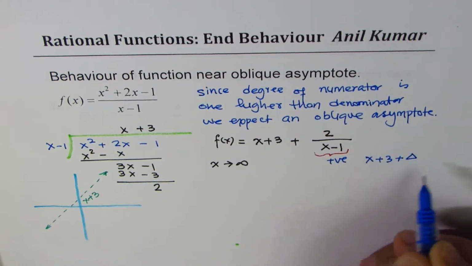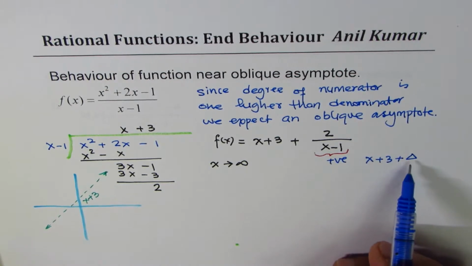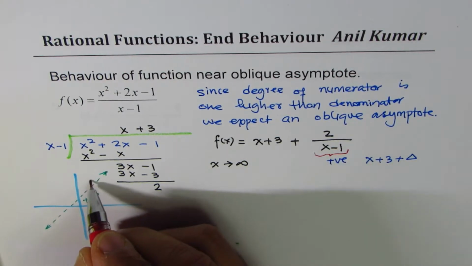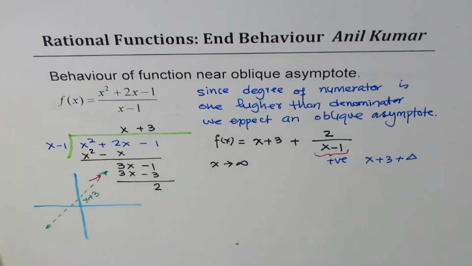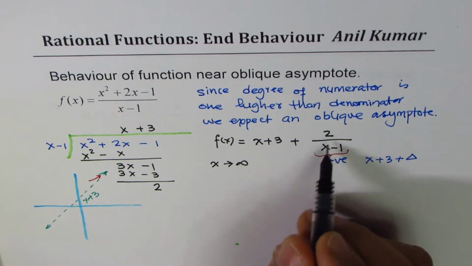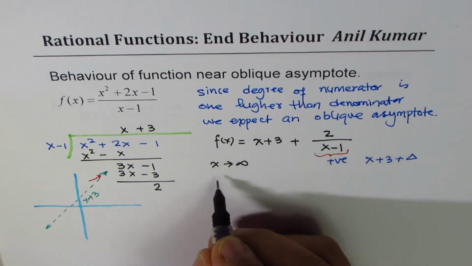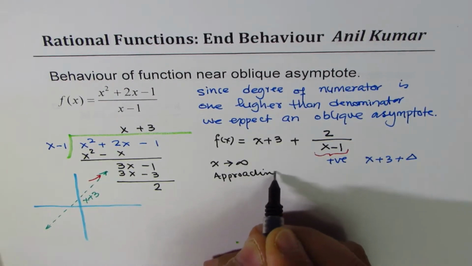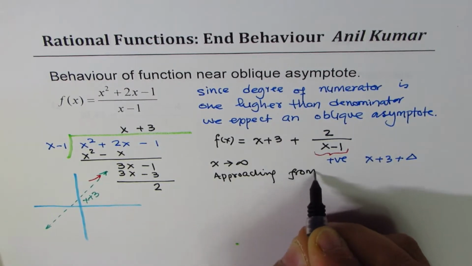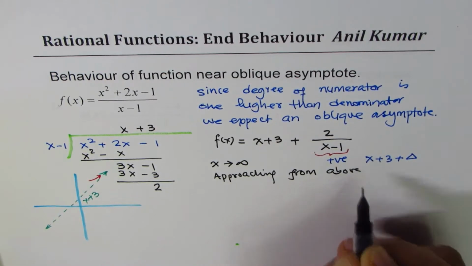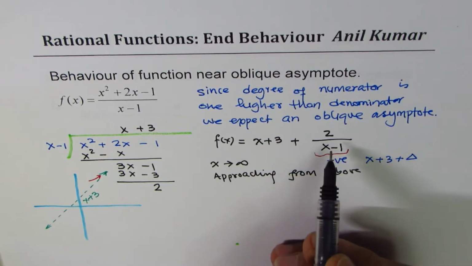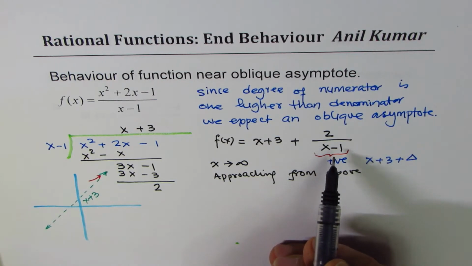Let me call that delta, maybe very small, but something. And clearly, since it is positive, we are approaching from above. The reason is that x plus 3 plus the remainder part is positive, right?